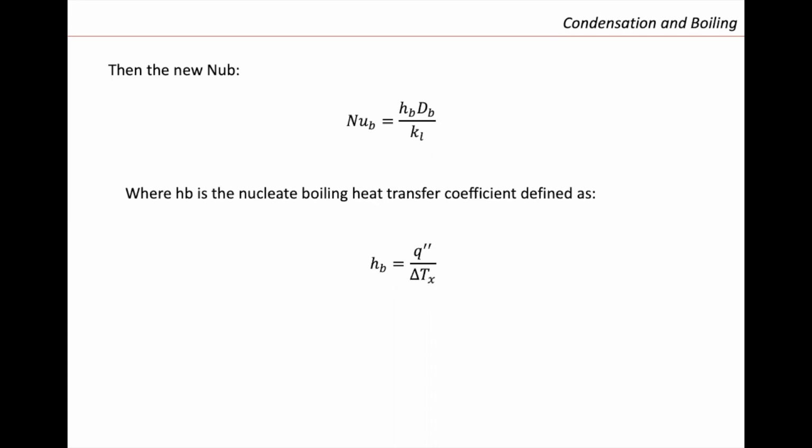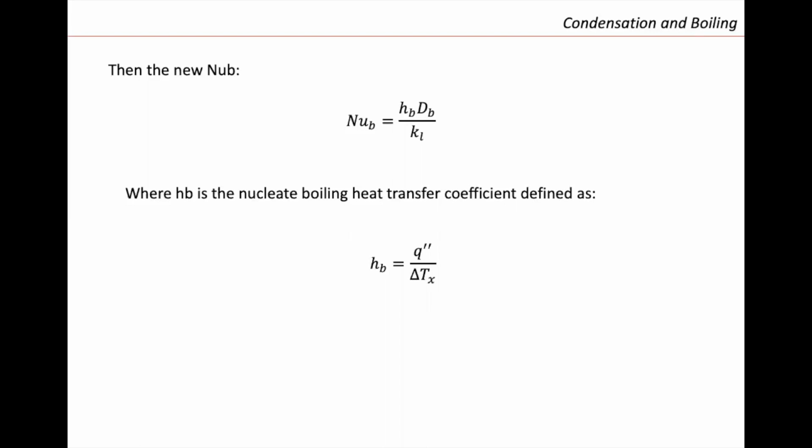All these equations, the Reynolds bubble, the Nusselt, and the HB, start appearing in your textbook on page 573 and 574.